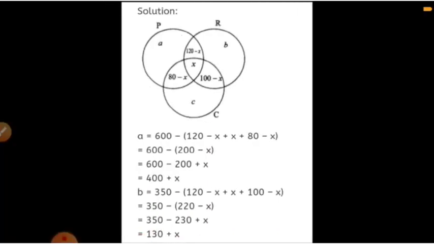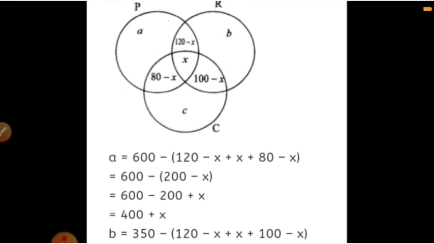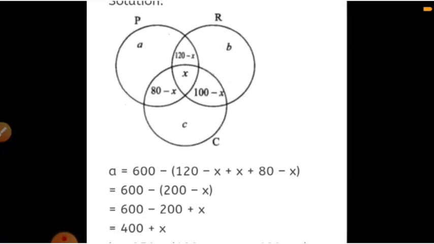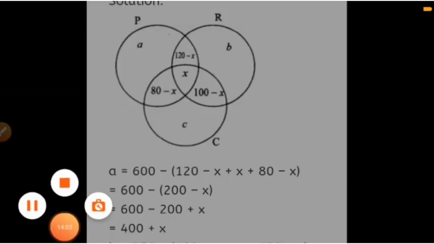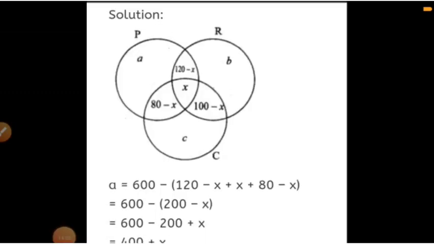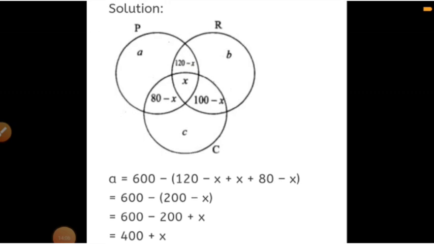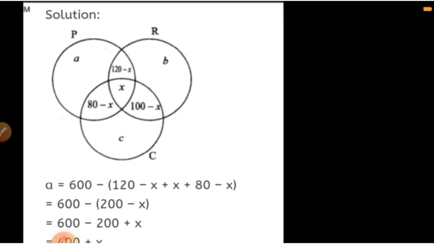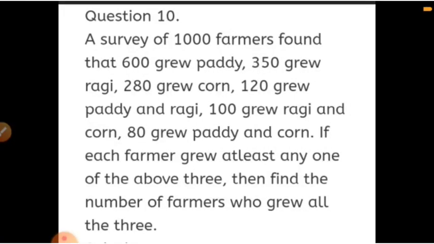Next, solution. Let P, Q, R represent the paddy, ragi and corn. Okay, right.